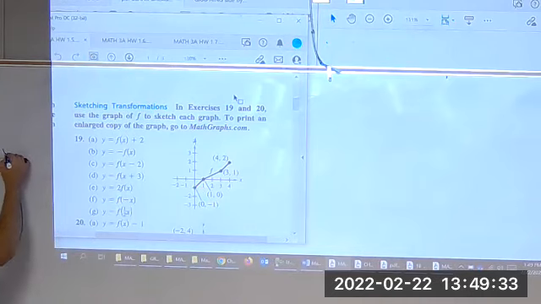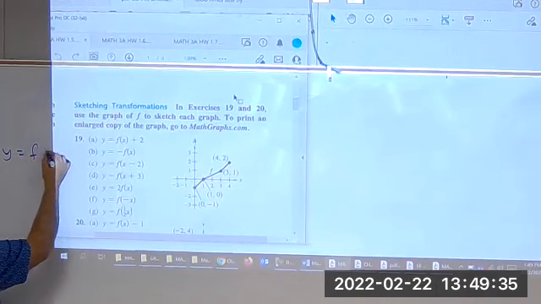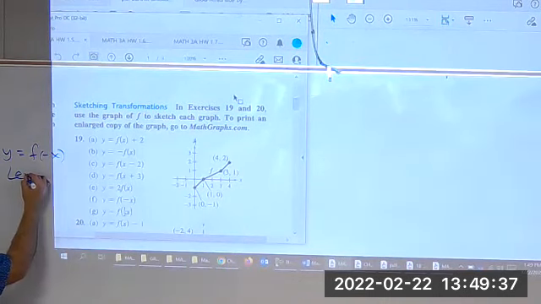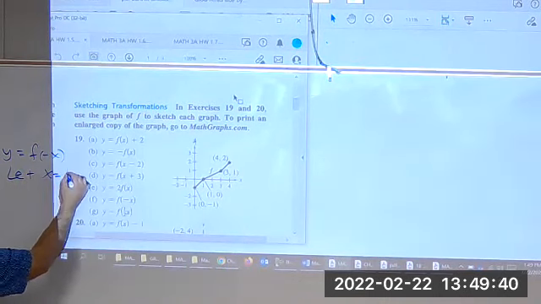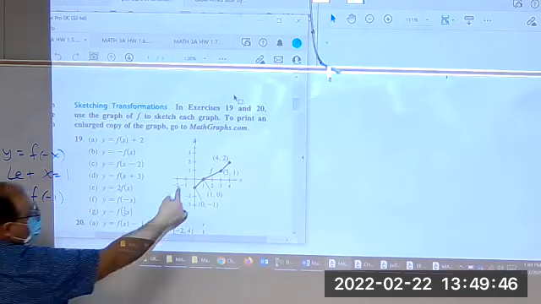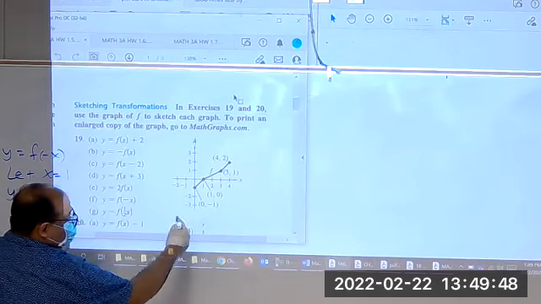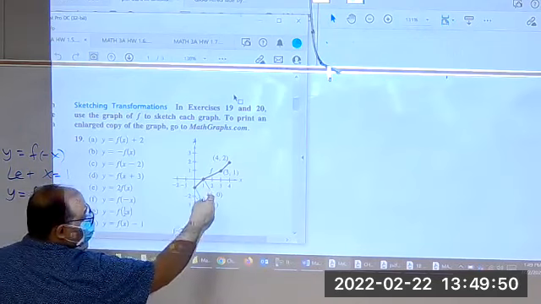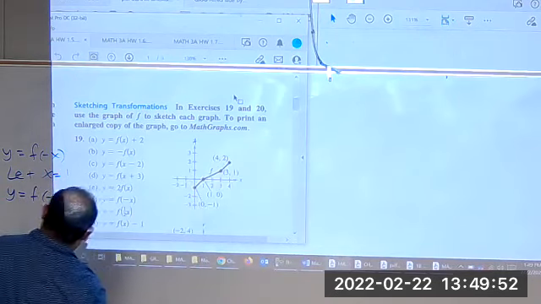So in other words, you have y equals f of negative x. If you try to let x equal just positive 1, when you plug it in, you're actually taking f of negative 1, which we don't know. The only things we know are 0, 1, 3, and 4.